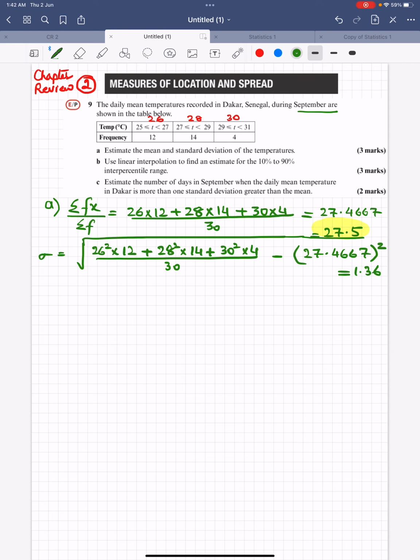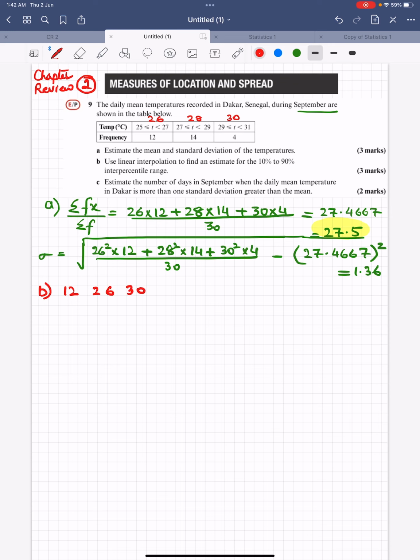Now part B: use linear interpolation to find an estimate for the 10% to 90% interpercentile range. So for part B, we will first find the cumulative frequency, which is 12, 26 and 30.